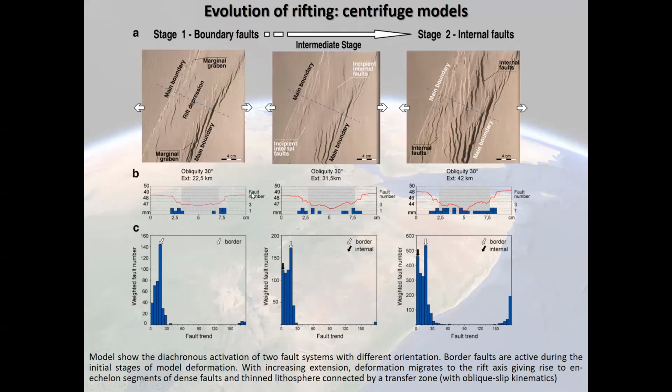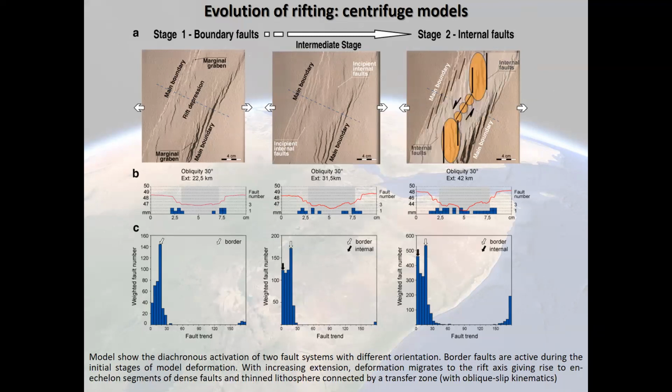We can analyze this in more detail, but the most important message from this model is that we have a first stage of large boundary faults, followed by a more advanced stage of internal faults. Internal faults are a system of faults oriented differently with respect to the large boundary faults. So we have these two different fault systems with different orientations.